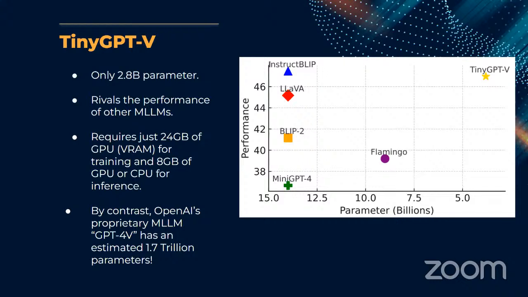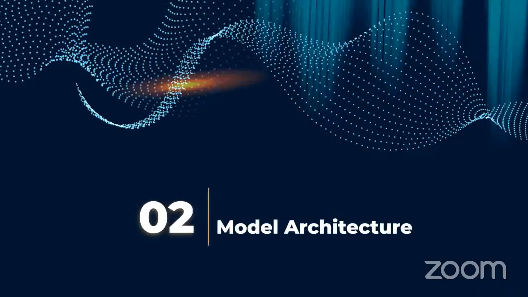Along with that, it only requires about 24 gigs of GPU VRAM for training, and 8 gigs of GPU or CPU for inference. Just to give a comparison, OpenAI's GPT-4 has an estimated 1.7 trillion parameters. Now let's understand the model architecture.